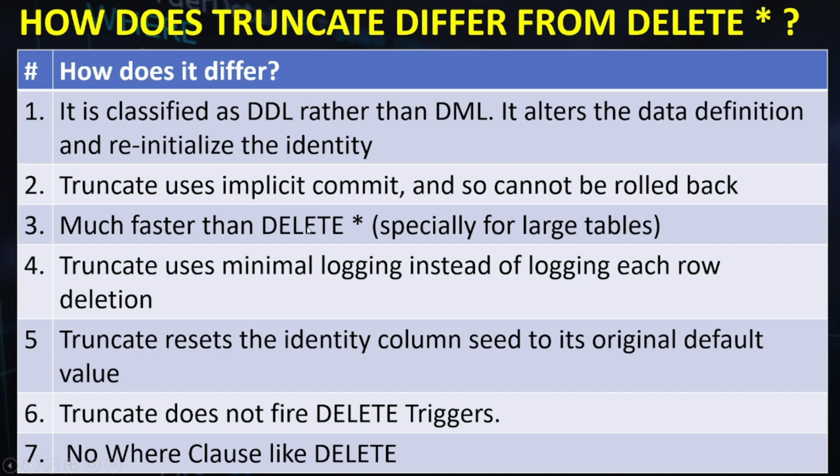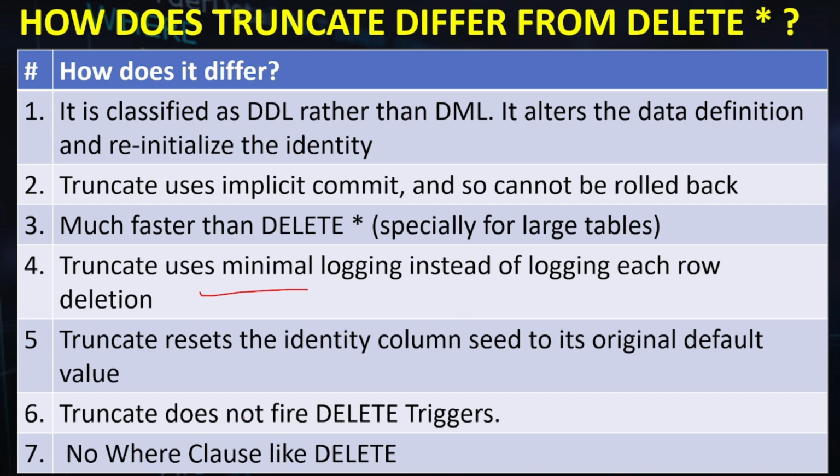Truncate is much faster because the way it works is much faster, especially if you have larger tables. Truncate is minimally logged instead of logging each row in deletion. When you use delete, it works with each row and hence it takes more time. So if you are clear that your table is to be emptied, then use truncate.